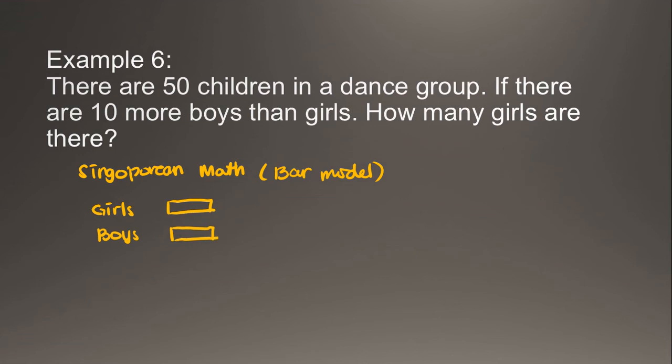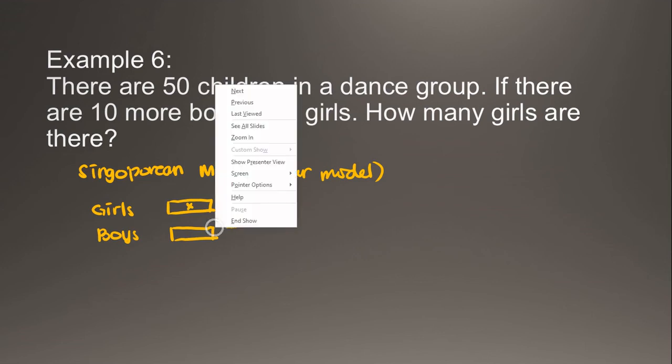So, we have 50 children in the dance group. If there are 10 more boys than girls, then how many girls are there? For the first bar, we call it x, the unknown variable.